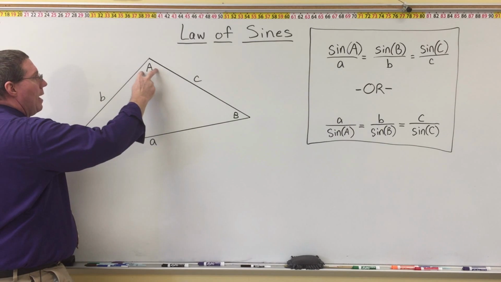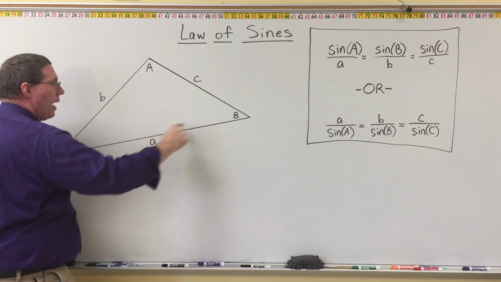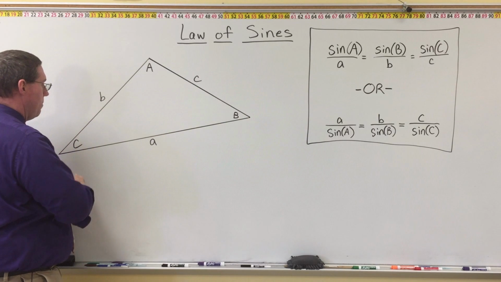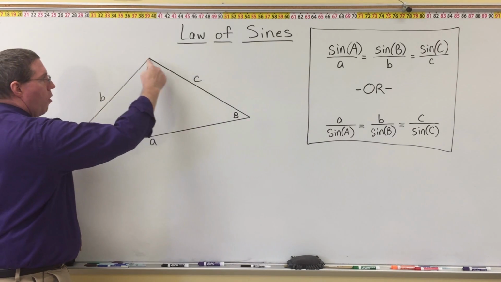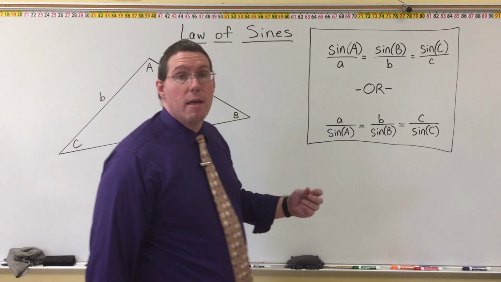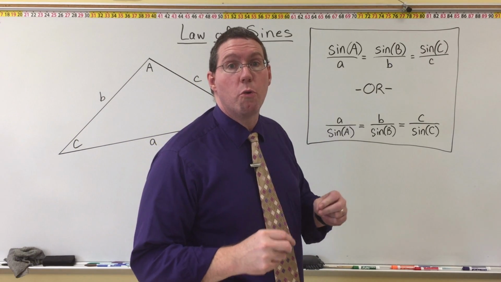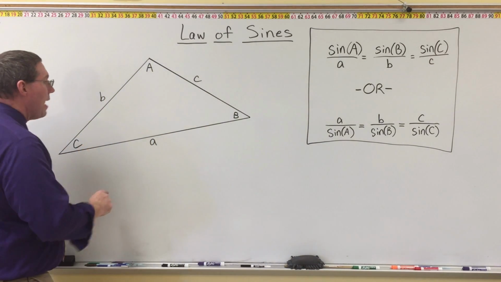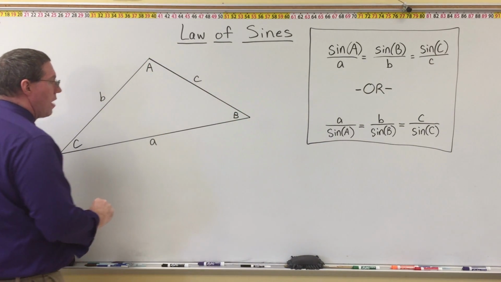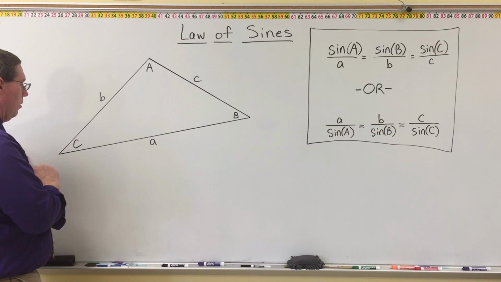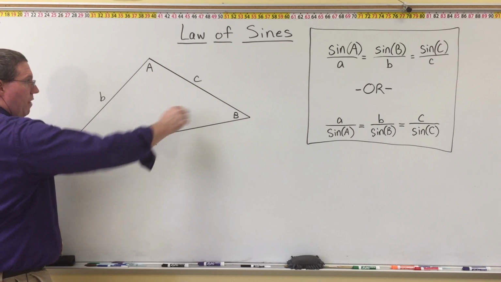So angle A is across from side A. Angle B is across from side B, and angle C is across from side C. And what the law of sines basically says is that there is a proportional relationship between the length of the opposite side and the sine value of the angle that's opposite of that side.